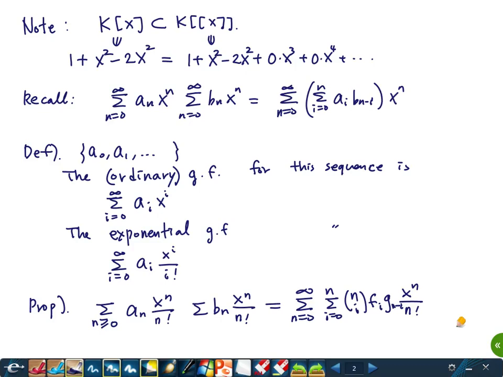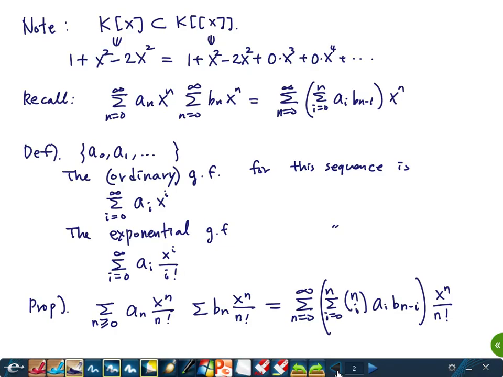Oh, thank you. Yeah. This is true. Okay, let me rewrite this: a_i b_{n-i} x^n over n factorial. Okay. Any question about this?